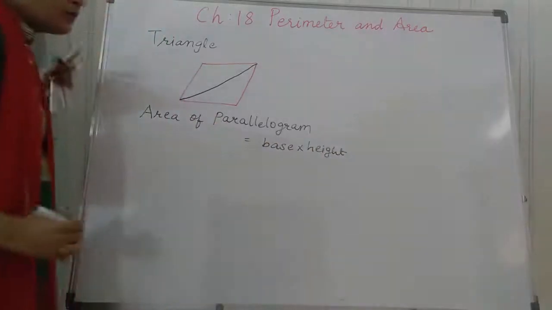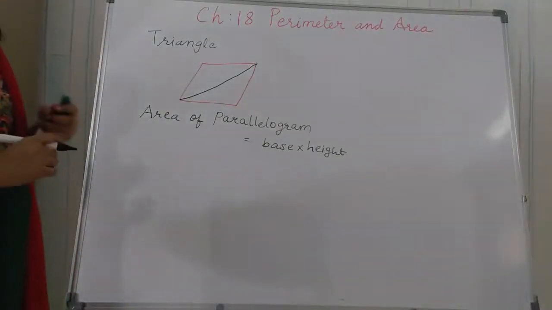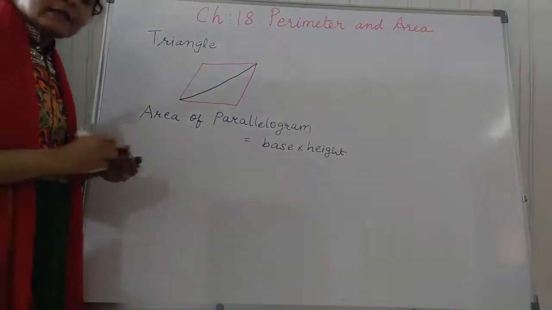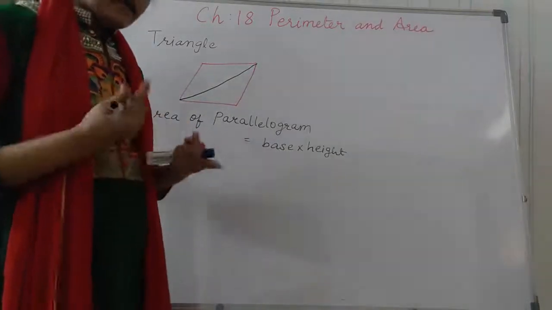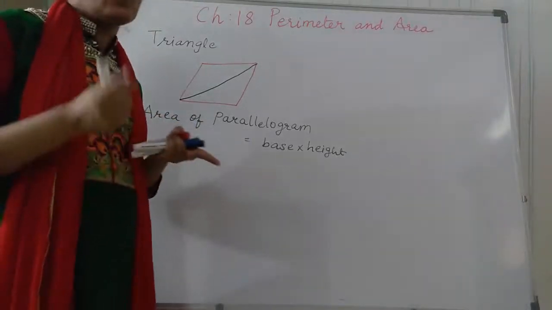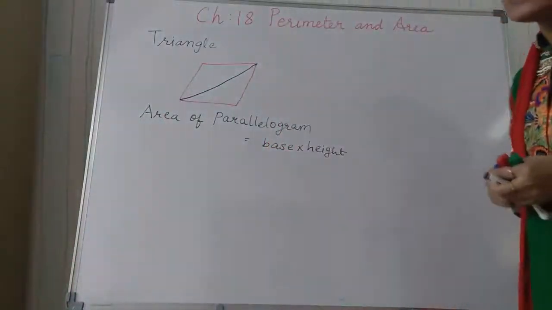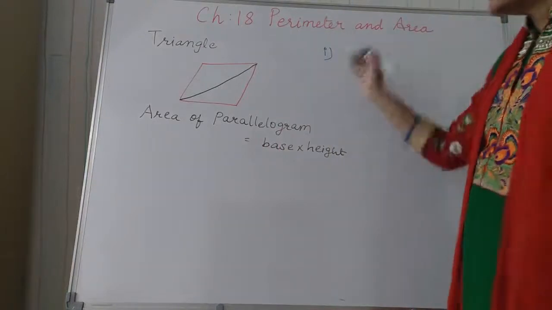So students, today we are going to study the area of a triangle. But you will say that there are different types of triangle. Yes, it is true. There are different types of triangle according to its sides and also according to its angles. So let us first study the types of triangle.